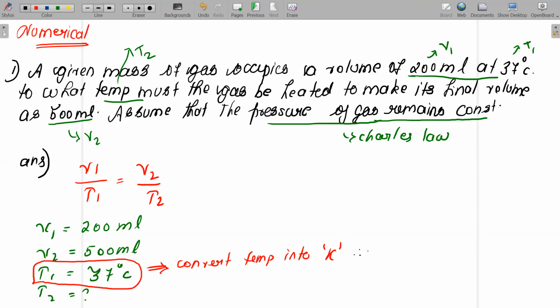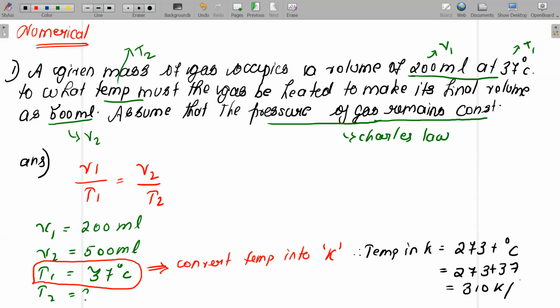That means temperature in Kelvin is equal to 273 plus the degrees Celsius value. So we'll write 273 plus 37. You will get 310 Kelvin, right? So T1 is nothing but 310 Kelvin.